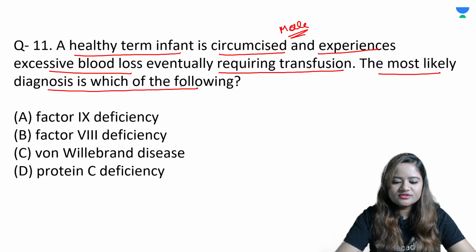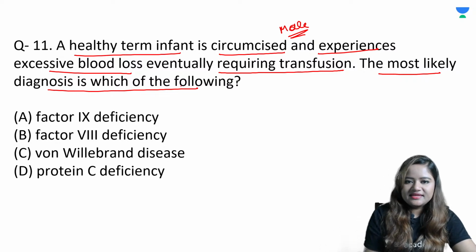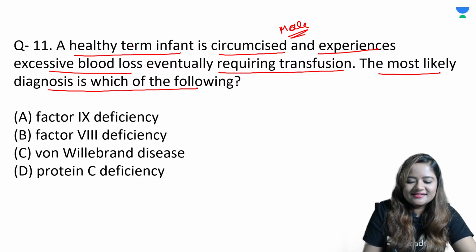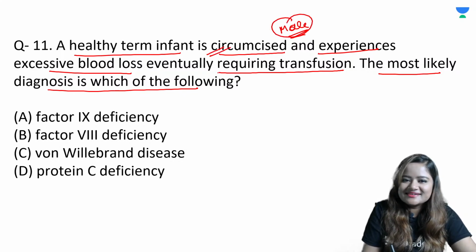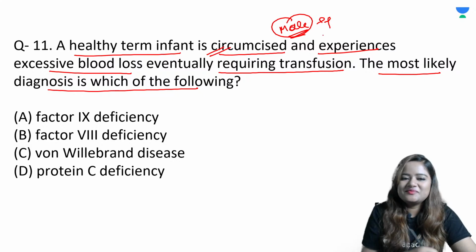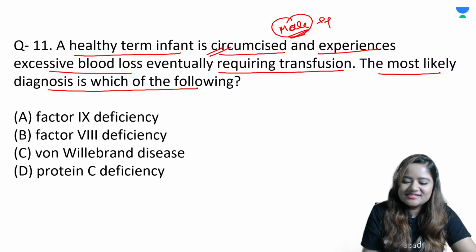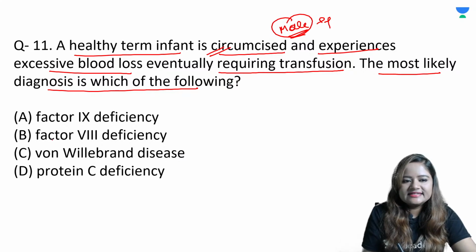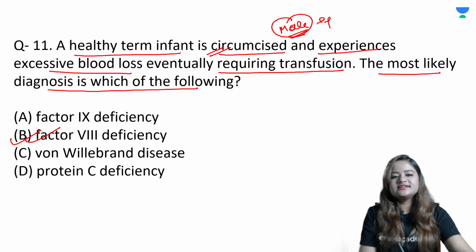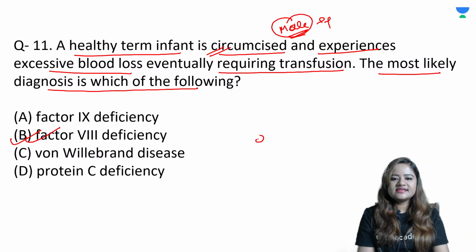So what is the right answer over here? Okay, because it is a male, that's why they have hidden this term from here. That's why I wrote it over here, so that you can guess that getting circumcised means that the baby is male. Had they not mentioned it clearly, you could have gone for other options also. But because it is male, in a newborn, hemophilia, that is factor 8 deficiency, is classically going to present as excessive bleeding.